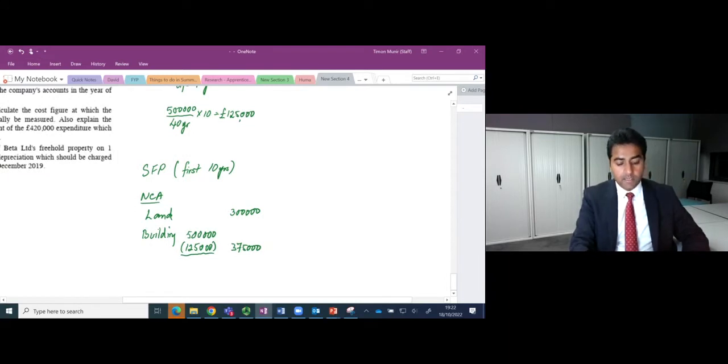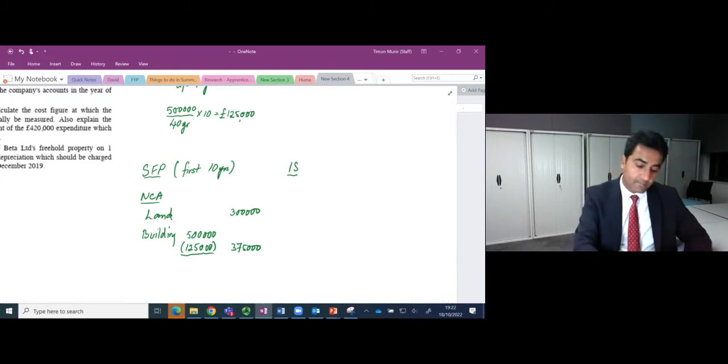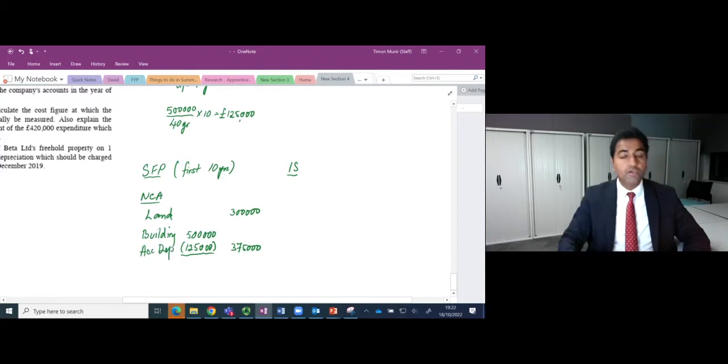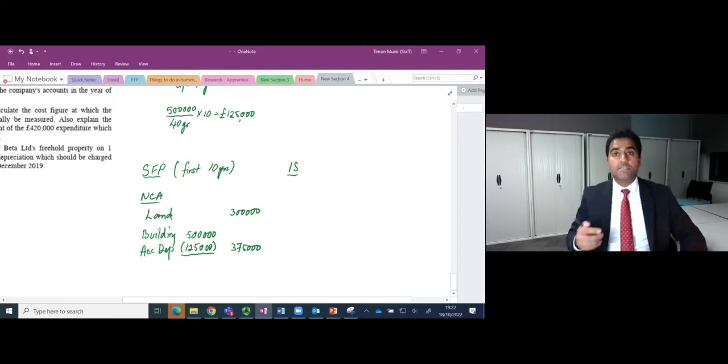For the 10 years. And in the income statement, we will have to show the depreciation charge for that period only in the 10th year. This is accumulated depreciation. Accumulated depreciation means depreciation of this year plus the previous 9 years. Altogether, it's 125,000.